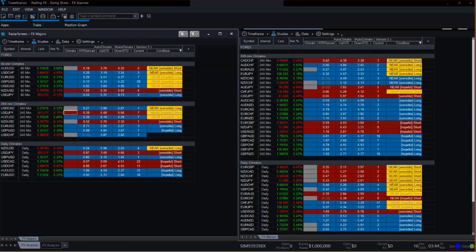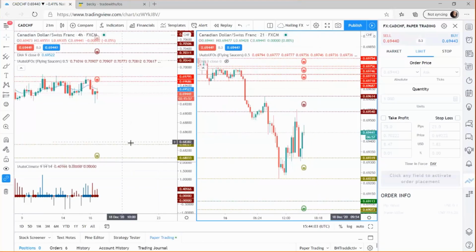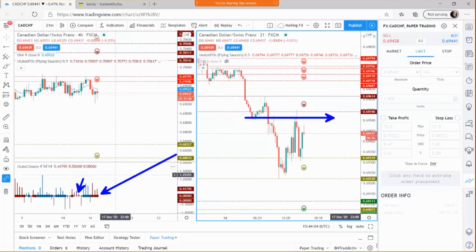We use auto climate on our bigger time frame to tell us whether we should be long or short, or do nothing. If we're going to be long or short, we use our auto UFOs on this one to tell us where we have higher probability. And if we need to choose between UFOs and we want that extra level of probability, then we use the EMA value again from over here on the left to line up with what we have on the right, so that we have many layers of probability on our side.